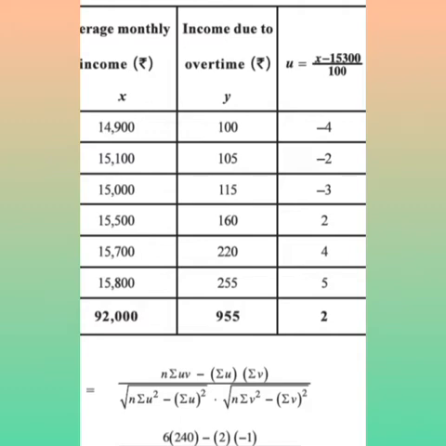Similarly, your x is 15,100, right, minus 15,300 divided by 100 will give you minus 2. Similarly, you are going to find out the answers for each and every row, right, and the total that you are getting is 2, right?